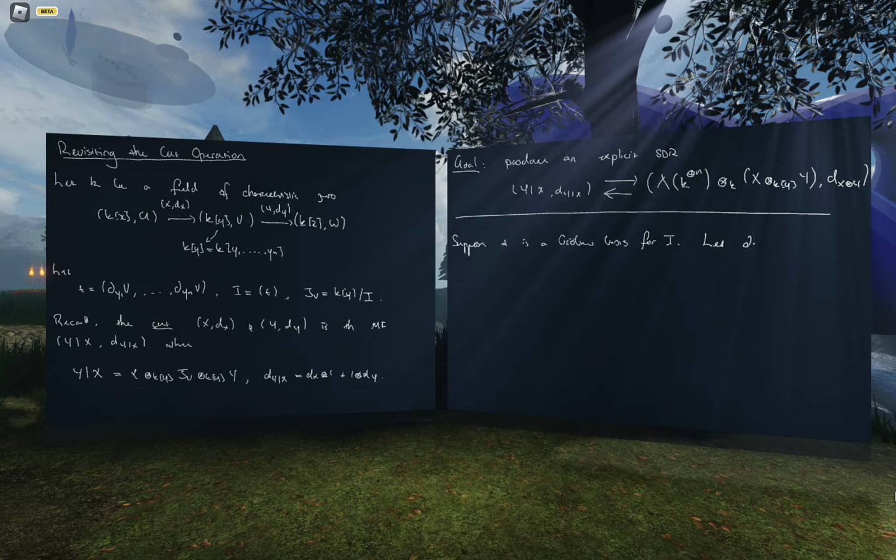And we'll let T1, as usual, through Tn, be the system of T derivatives from last time.